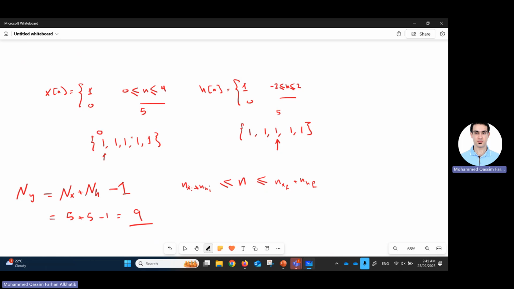I start at 0 and I'll finish at 4. Here, I start at -2, I'd finish at 2. So the first value is 0 plus -2, and the final value is 4 plus 2. So my convolution output should be from -2 to 6.